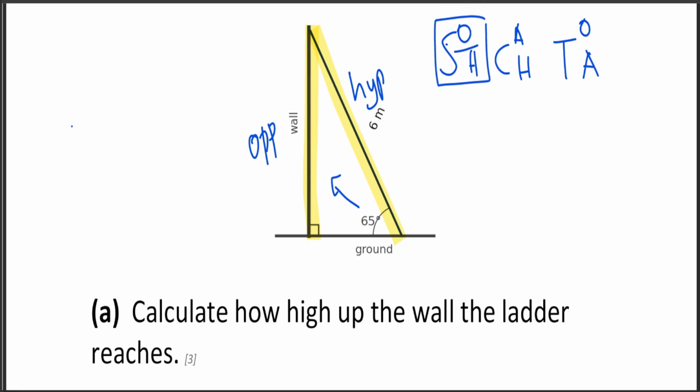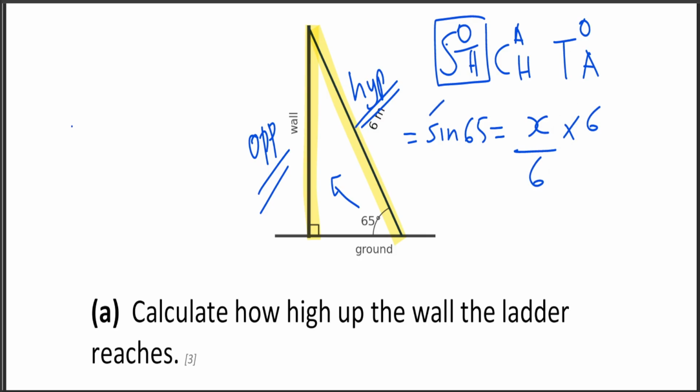That is sine is equal to opposite over hypotenuse. And therefore sine 65 is equal to your opposite, which is x, which you don't know, because that's the height of the wall. X, this is the opposite over hypotenuse. X over 6. For you to find x, you multiply by 6, and therefore x is equal to 6 sine 65.